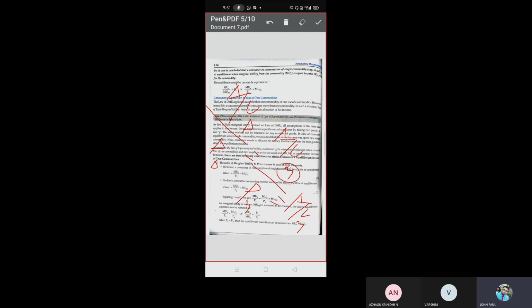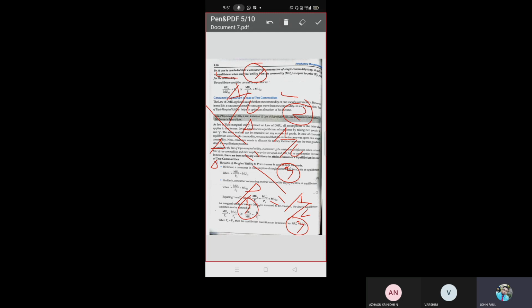So this M represents Munch, and this M represents money. So how will a consumer be in equilibrium with two commodities? This is one commodity, this is two commodities. This is Dairy Milk, and this commodity will be Munch. So the marginal utility of Dairy Milk divided by the price of Dairy Milk is equal to the marginal utility of Munch divided by the price of Munch, which is equal to the marginal utility of money.